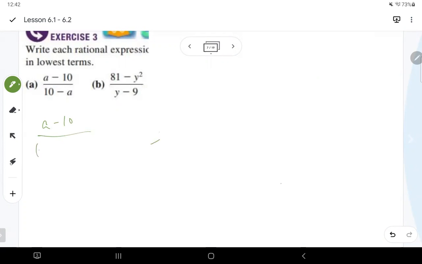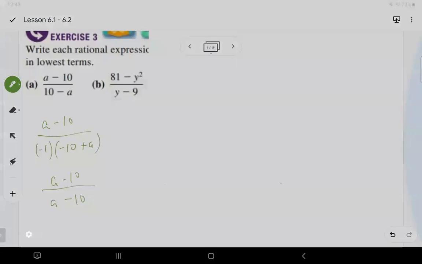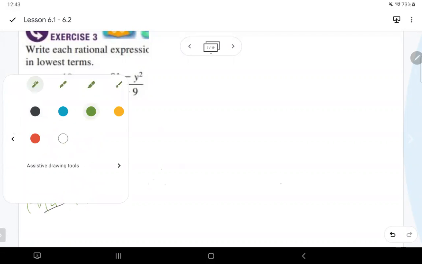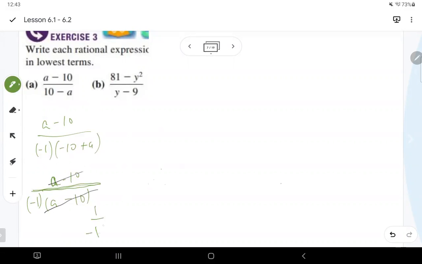If we pull a -1 out, then we would have -10 plus A. So if we rewrite it and put the A in the front, you can see that we have the same expression here, or binomial rather. So then they're going to end up canceling, and we would end up having 1 over -1, which is just -1. Okay.